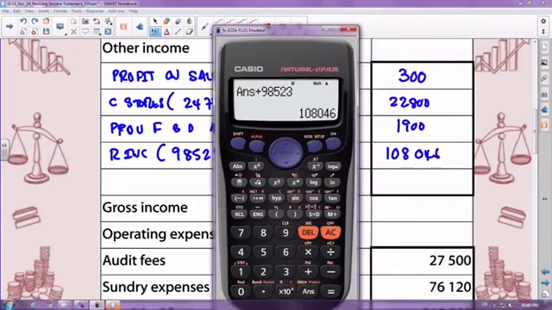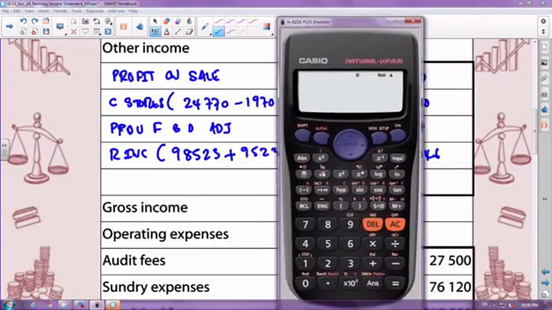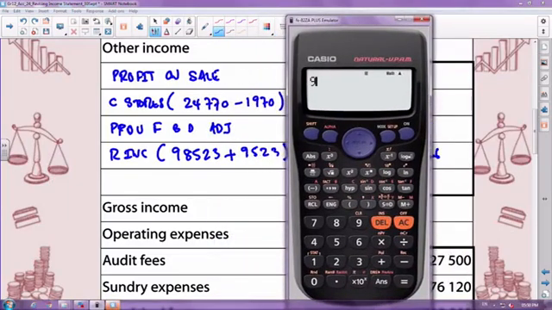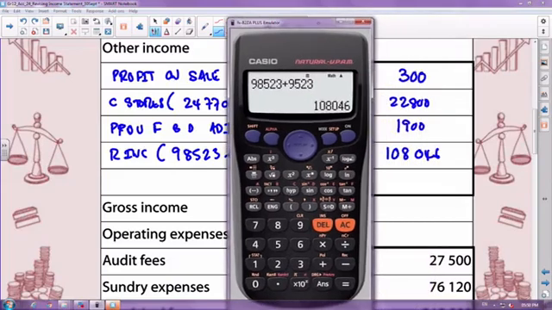Just check the figure again. It's 98523 plus 9523, and that is equal to 108046. Whatever we got there, 108046.